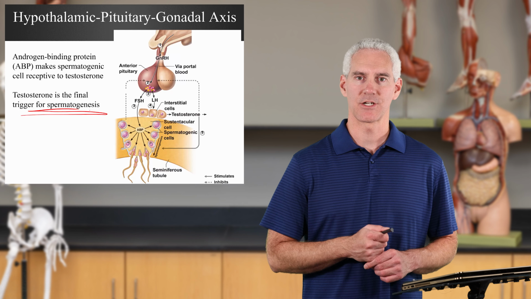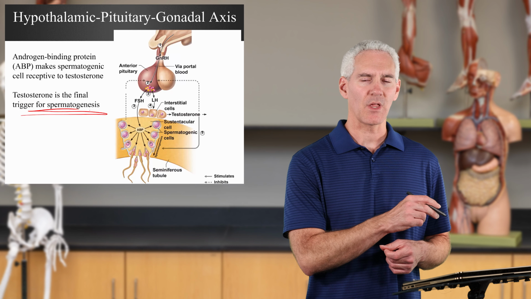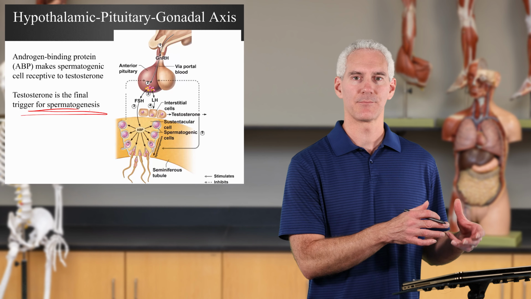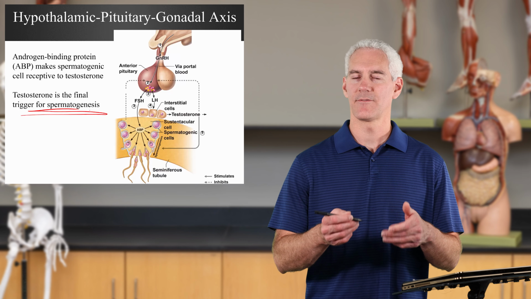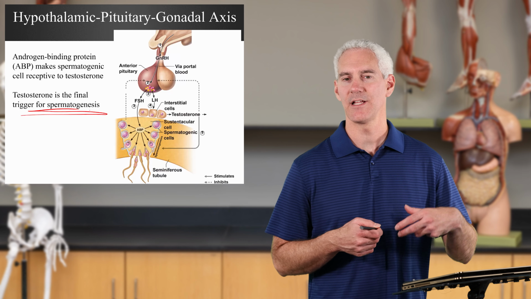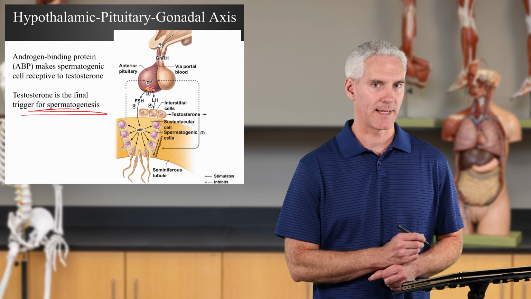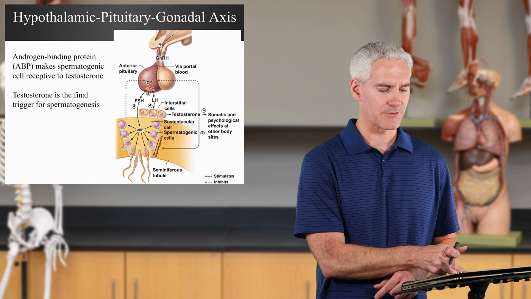That's why it doesn't occur until puberty. While the other hormones can be present before, testosterone and the amounts being produced don't really kick in until puberty itself. So it kicks in high enough levels of FSH, LH, and testosterone to now be the final trigger for spermatogenesis. But that's not the only purpose of testosterone.